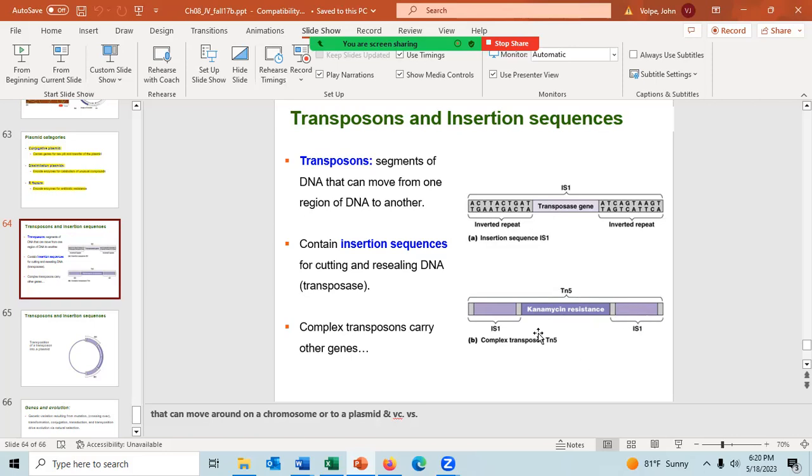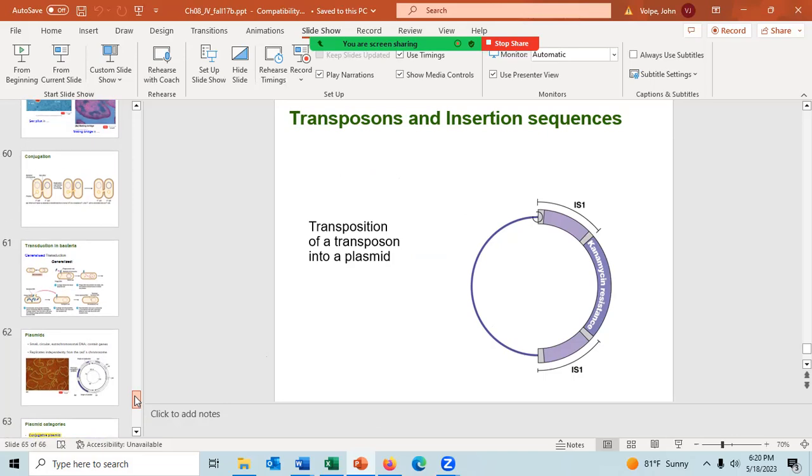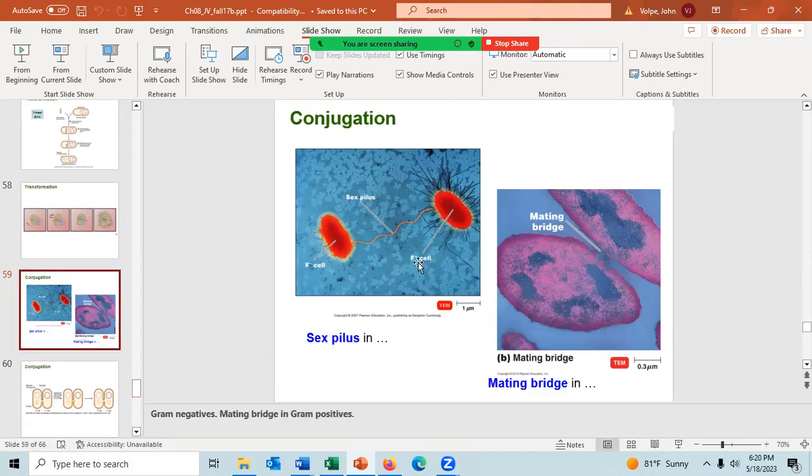And this can allow the transposon to move from one region of the DNA to another, including moving from the chromosome to the plasmid. And then, as I mentioned, plasmids are important because they allow for the exchange of DNA between cells more easily than the exchange of DNA between the chromosomes of this cell and that cell.